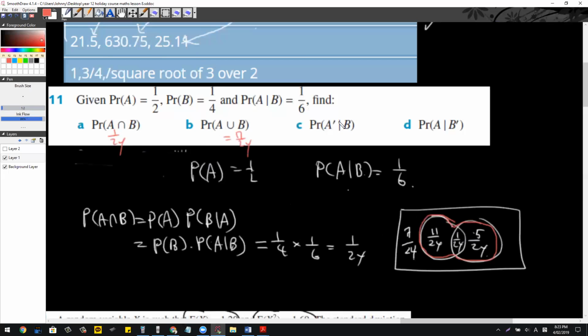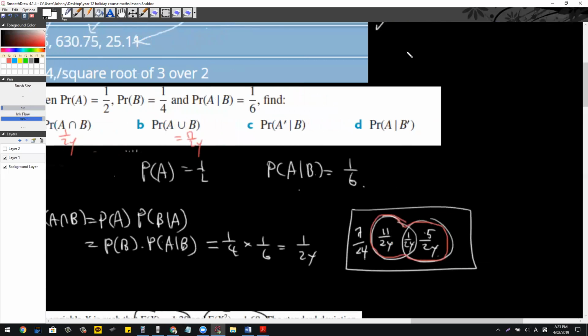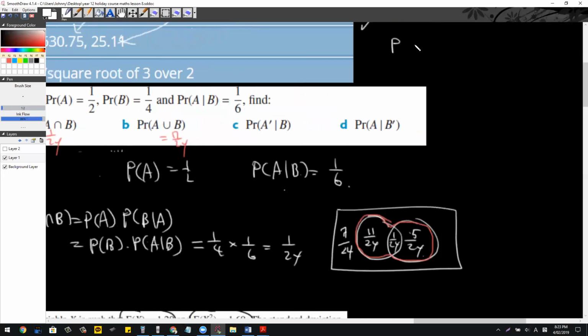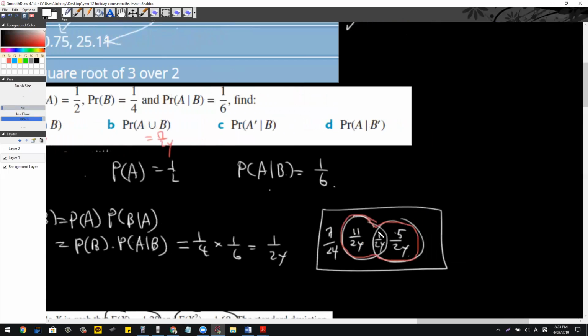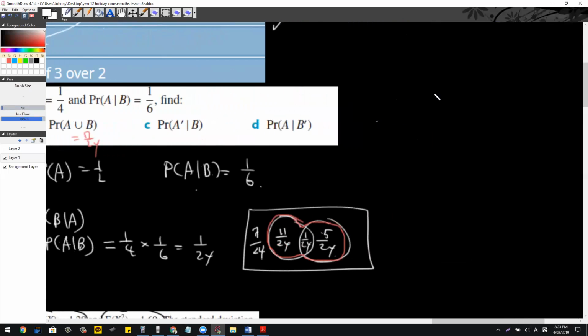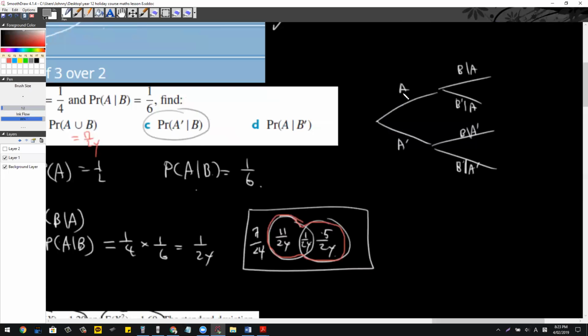Now let's try A, not A given B. We can try that using that formula. Actually, with this one here, you can do both tree diagrams, like this. This is A, not A. This is B given A, not B given A. This is B given not A, and not B given not A. So we cannot find this one from that tree diagram.